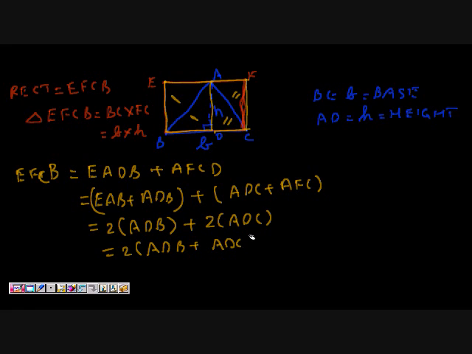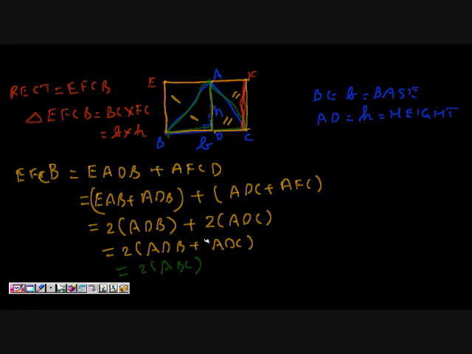Now as you can see, let's change the color a little bit and make it green. So we know that ADB, that triangle, and ACD or ADC, whichever way, is equal to our bigger triangle ABC. So that's 2 times ABC.